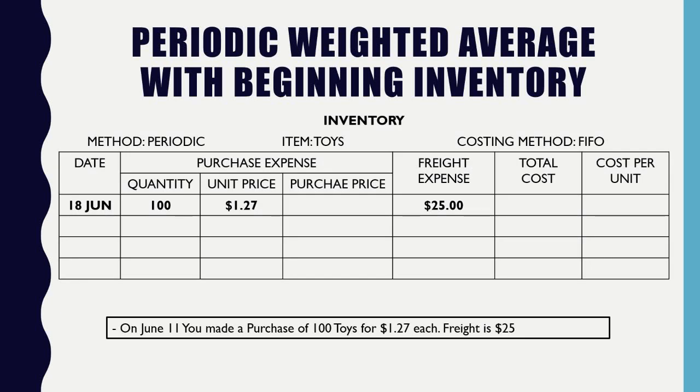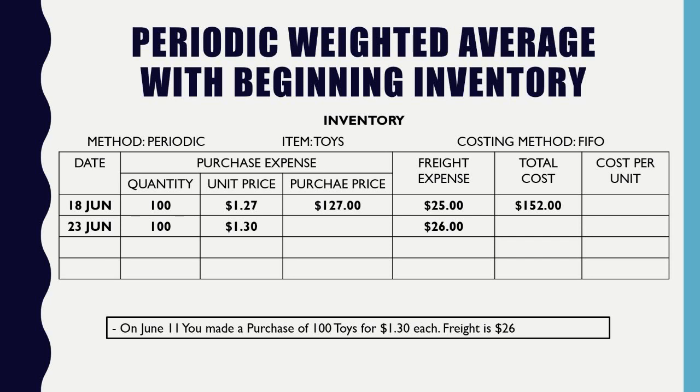Okay, so again, you're going to continue on with your purchases of inventory, of course. So in this case, right, we purchased another 100 at $1.27, plus 25 gives you $1.52. But you don't need to solve for it because at the end of the day, you're going to end up combining the previous batch of inventory that you carried over from the previous scenario.